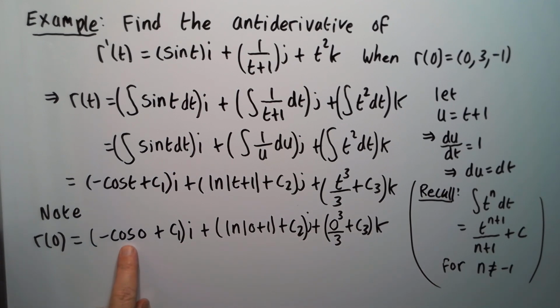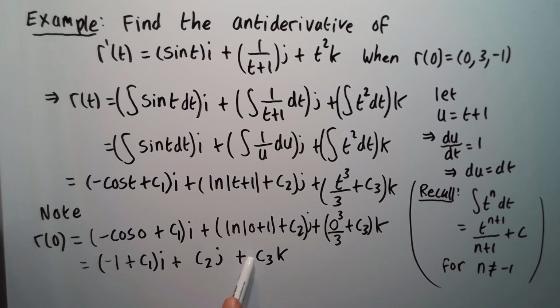Now the cosine of 0 is 1, so it'll be minus 1 plus c1. The natural log of 1 is 0, so let me simplify this down here. So we end up with negative 1 plus c1, and then it'll be just c2 here because that's 0, and then it'll be just c3 here.